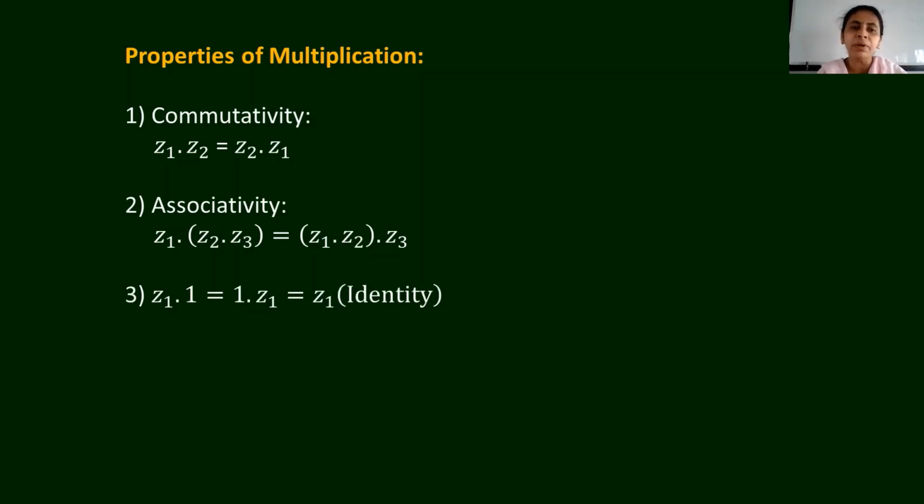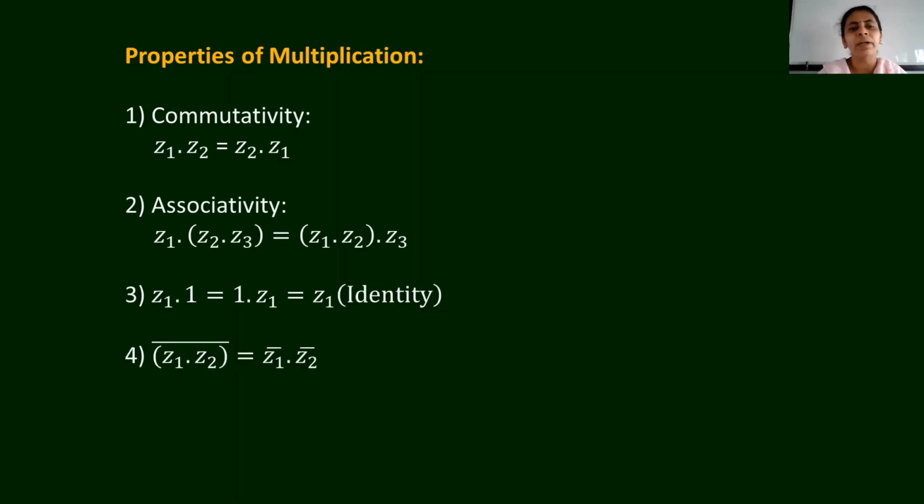The complex number 1 belonging to C, such that 1 is equal to 1 plus 0i, can be treated as the multiplicative identity in complex numbers, because if you take any complex number and multiply it with 1, then you will get that complex number itself. Therefore 1 is the multiplicative identity in the set of complex numbers.